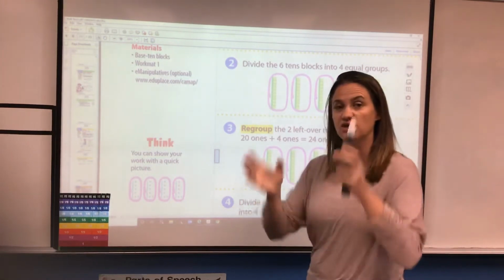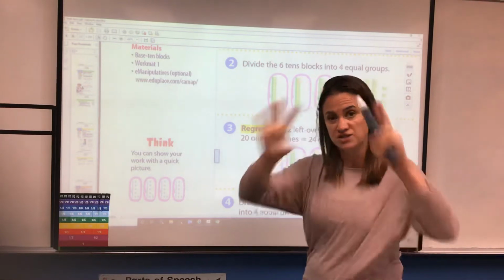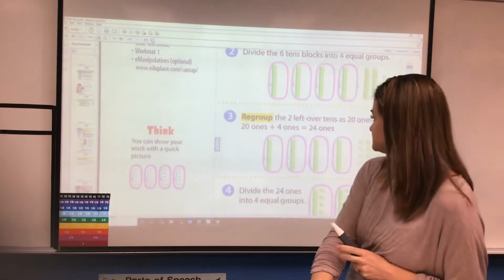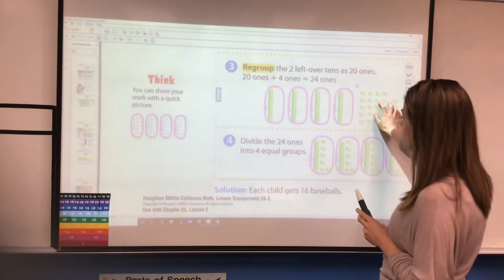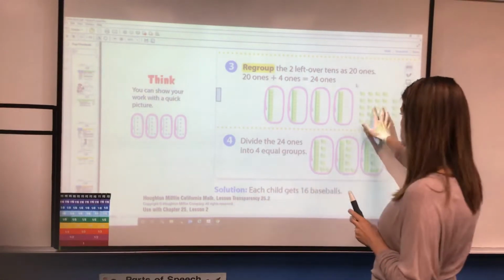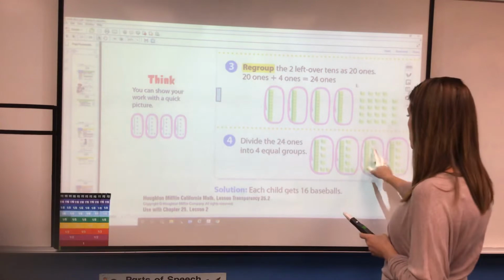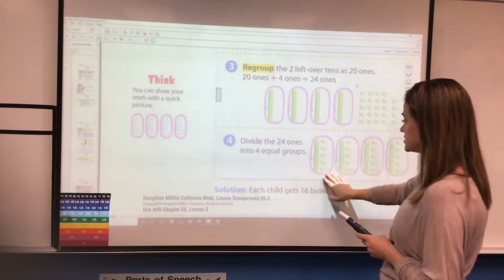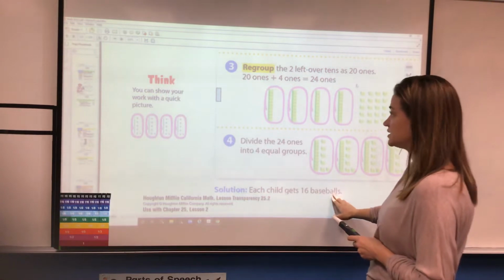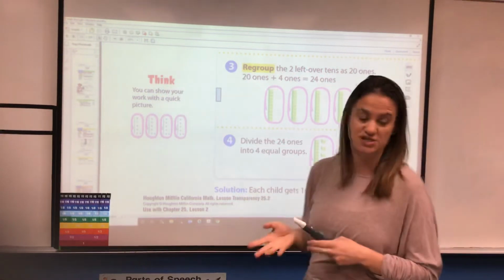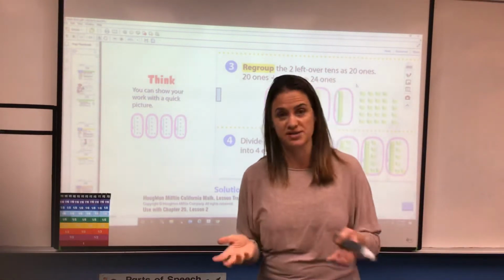Like yesterday in the video, it showed you to take those leftover 10s and break them down into 1s. So once you break them down into 1s, then you would divide those 24 1s into those 4 equal groups, and that's what they did here. And their solution is each child gets 16 baseballs, because 64 divided by 4 is 16.